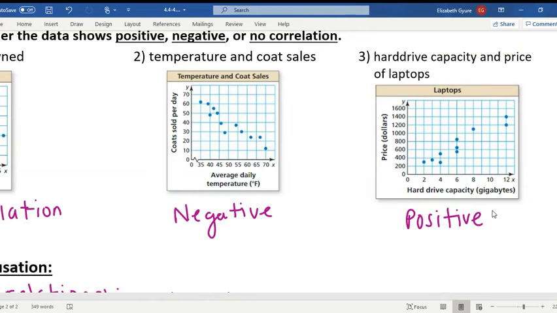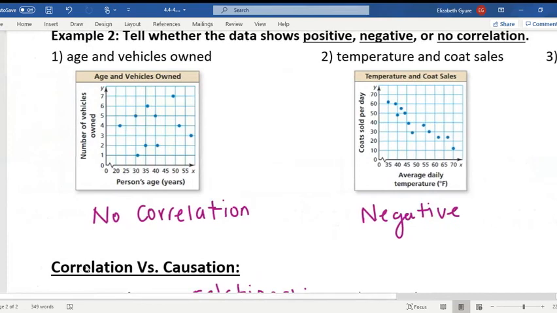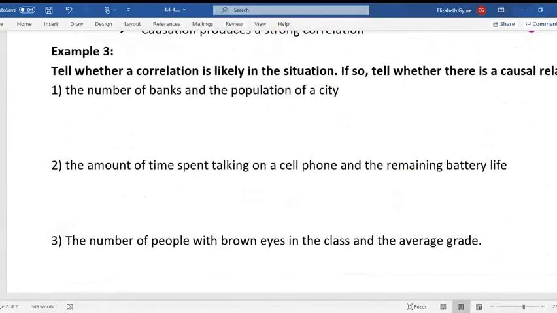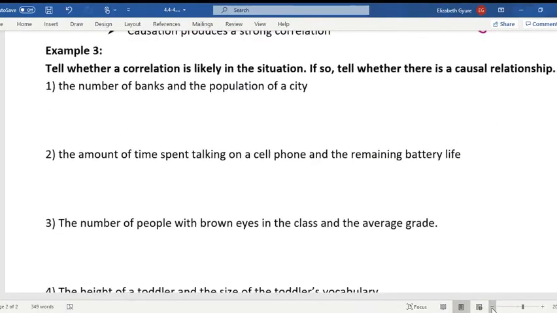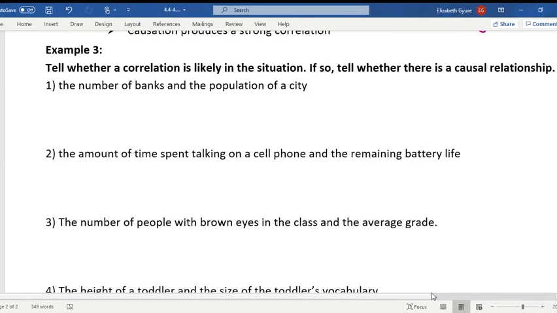And it also has causation because that hard drive capacity going up actually makes the value of the computer increase at the exact same time. Some of these I changed from last year. Now, we've got to think about these again. Things can have a relationship, but one doesn't necessarily cause the other, so we're going to examine that.